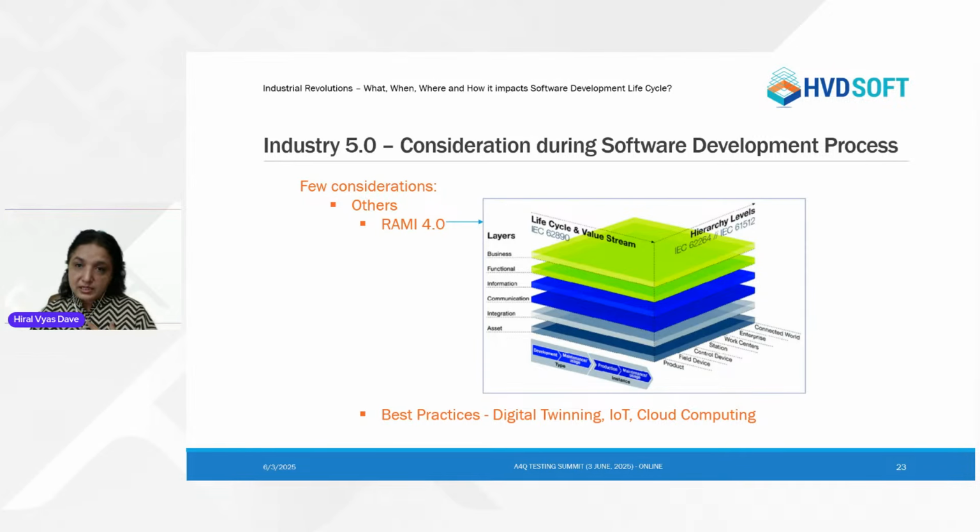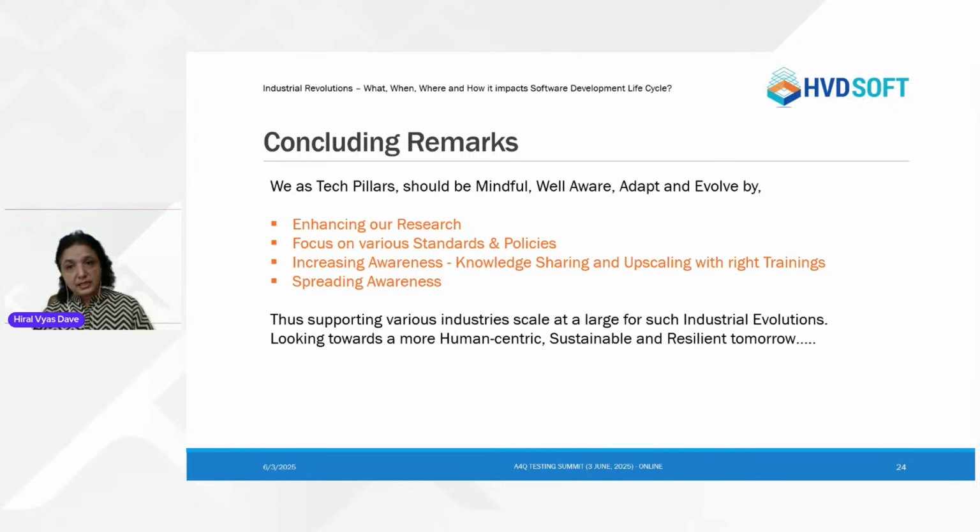So then what can we as software professionals do? We are the tech pillars. Maybe it's a designer, tester, architect, manager, technical manager. We are pillars, so we should be mindful, we should be well aware, we should adapt and evolve. How can we do that?